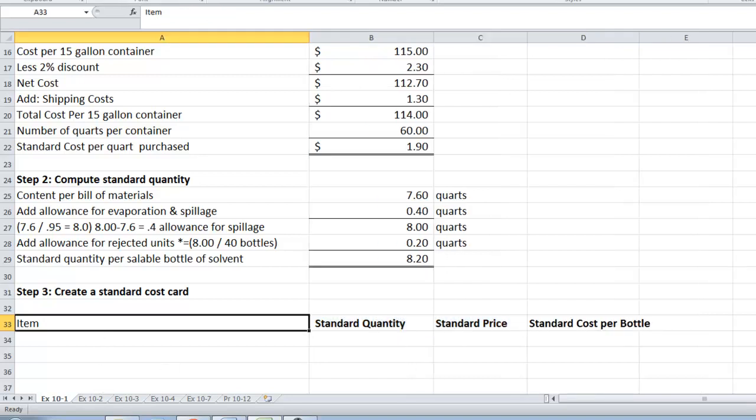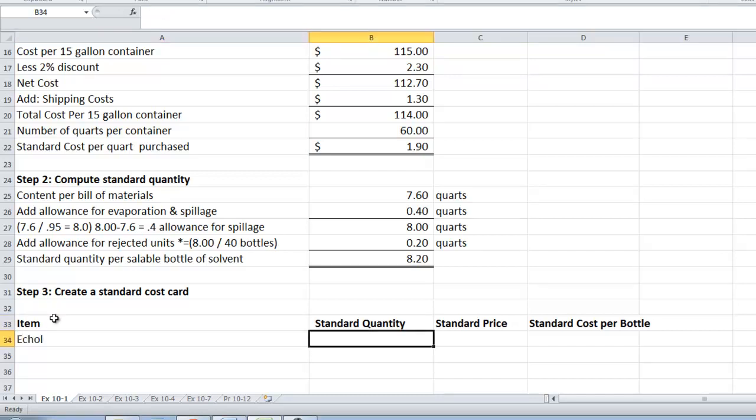So our item is ECOL, our standard quantity is 8.2 quarts, our standard price is $1.90. Our standard cost, we multiply those two together, is $15.58 per bottle.